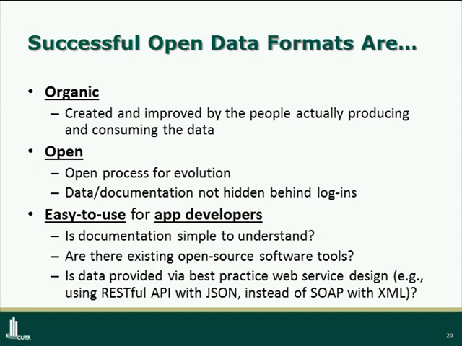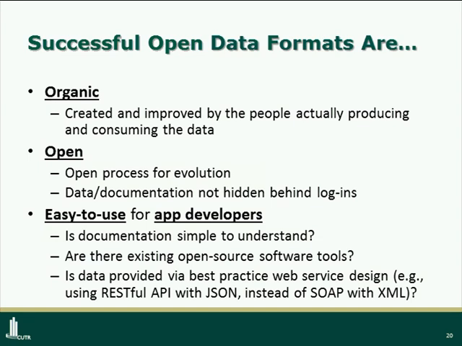So for successful open data formats, from what we've seen from existing industry examples, there are three very important characteristics. The first is organic. The open data format should be created and improved by the people actually producing and consuming the data.